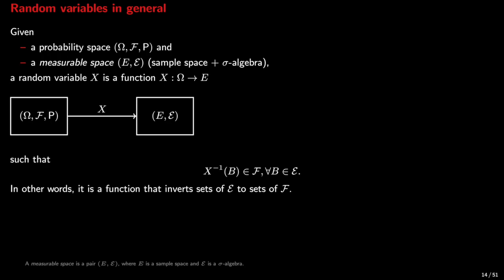So X^-1 of B is in F for all B that are in E. It inverts the sets of E to the sets of F. But that is a technicality that, if you like, you can omit. The important thing to keep in mind is that a random variable is a function from Omega, behind the curtain, to a set E, like the real numbers in front of the curtain, the observable universe.